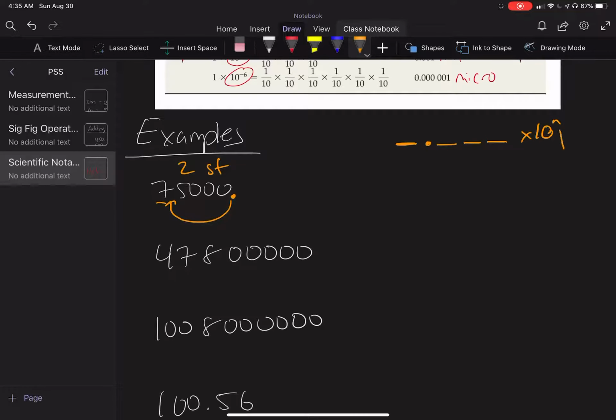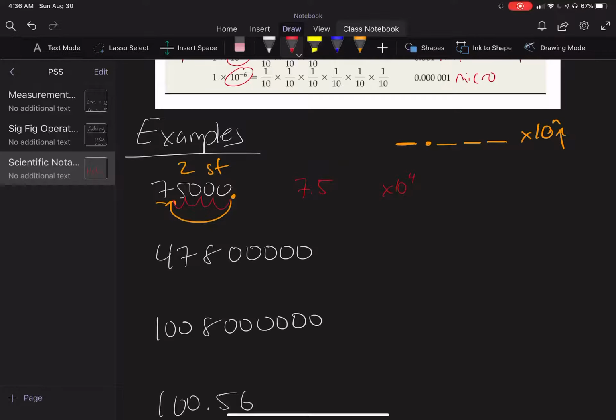The multiplier, so this lowercase n, is basically how many times did we move that decimal. So if I'm going to move this decimal, I'm going to count. It goes 1, 2, 3, 4 places to the left. So our multiplier is going to be a 4, and specifically a positive 4 because we're moving it to the left. So our answer is going to be 7.5, and then we're going to have a times 10 to the 4, and I'll explain in a minute why it's 4 and not negative 4.